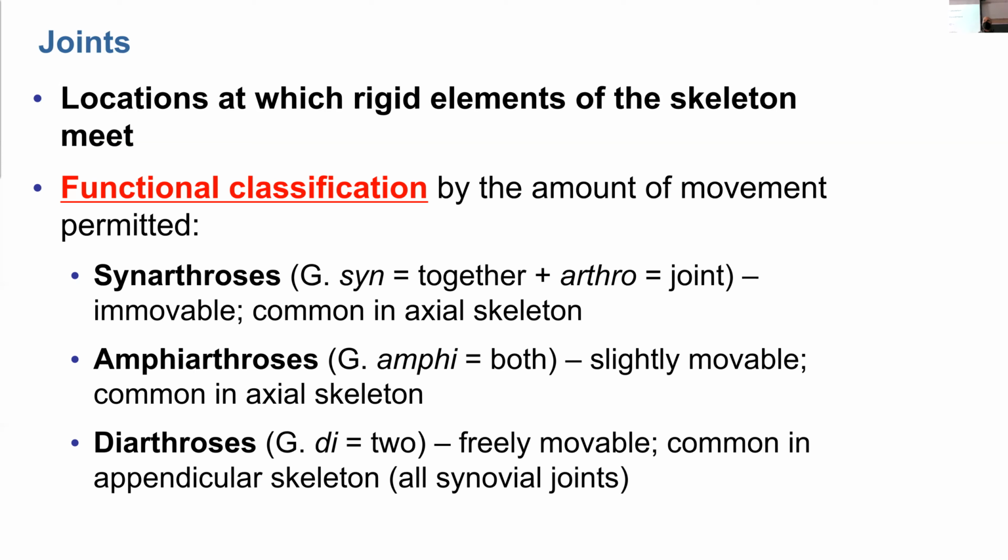Yeah, Ethan. So what takes an amphiarthrosis joint to a diarthrosis joint? The amount of movement that's possible? Is there a quantified threshold? I don't think so. I think it's more just that this one moves a lot, this one doesn't. There's no rule like if it can move 37 degrees, it's one or the other.